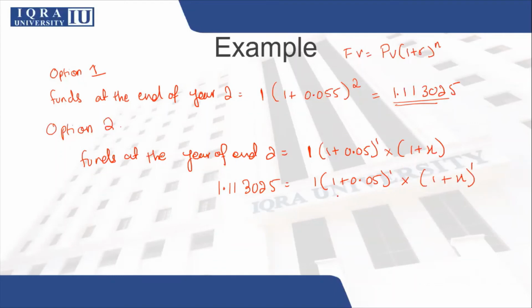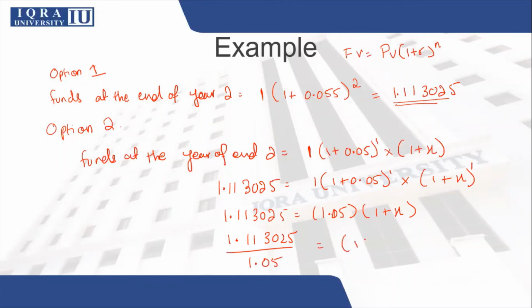Now let's just solve this. Now this is multiplying over here, so on that side, it will go into division. And now you can shift the 1 on the other side as well.